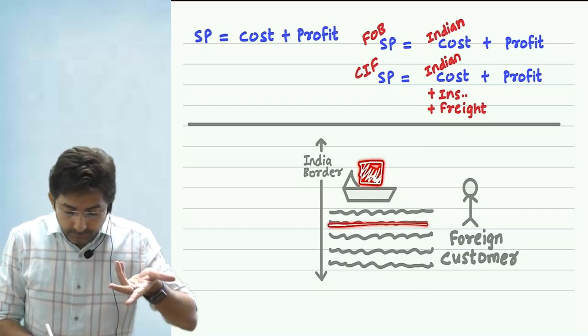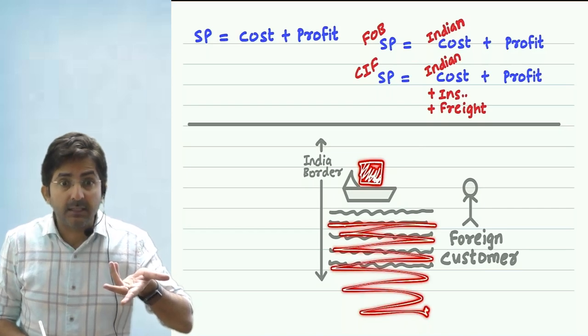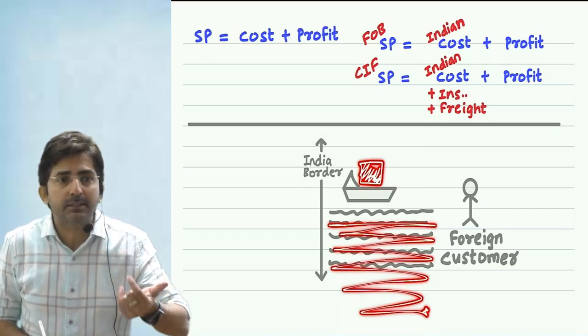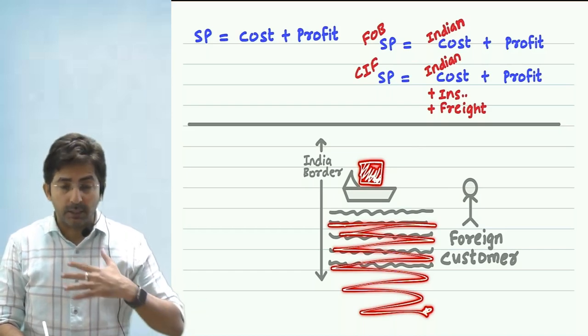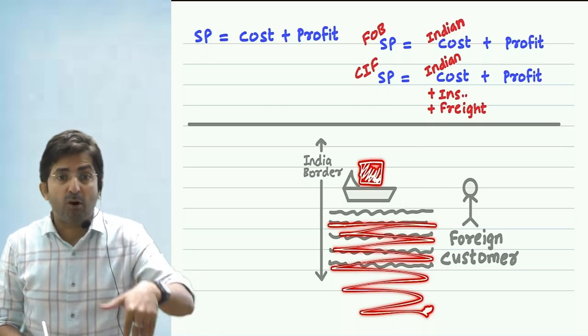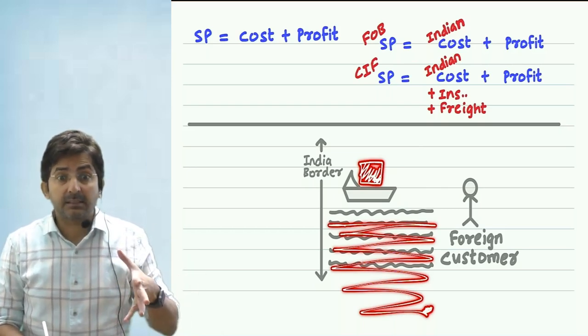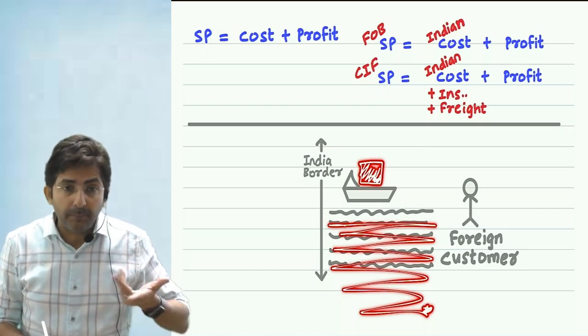And this whole journey will be through seaways. This is a risky journey. For that there is marine insurance. In case some mishap takes place in the journey through seaways, what if the ship sinks in the water? There are risks. That is called marine insurance. So for that we have to pay premium.